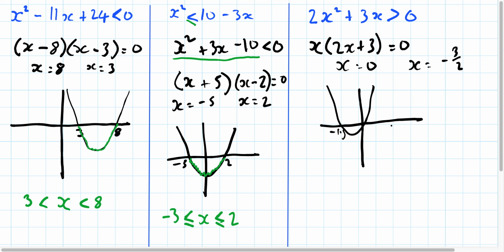So as I was saying, the inequality is greater than 0. So it's every number below minus 1.5 to minus infinity, and every number greater than 0 to infinity. Therefore we write x is greater than 0 and x is less than minus 1.5.